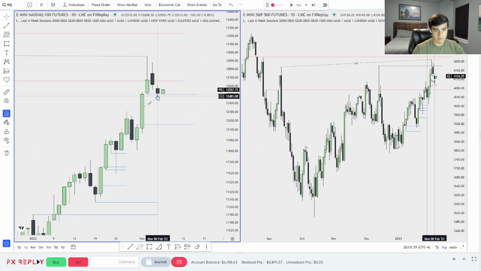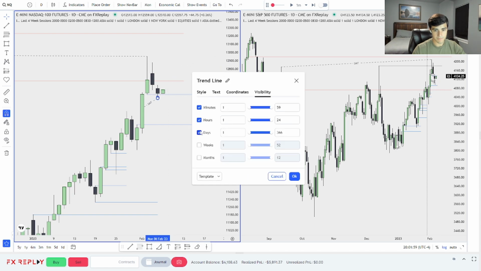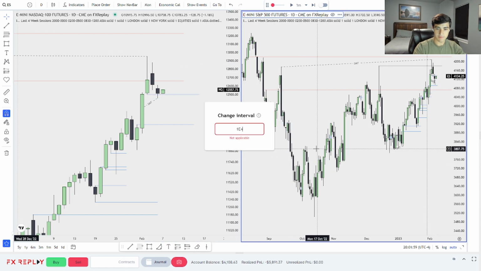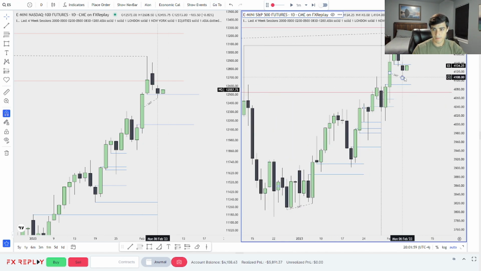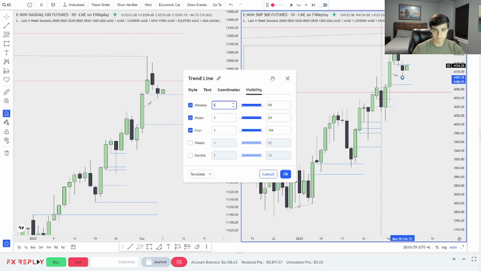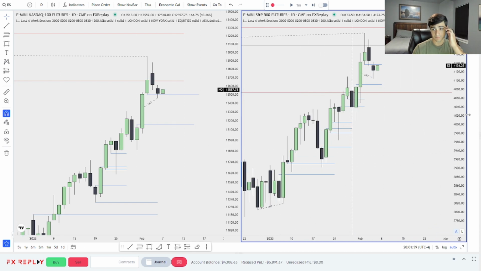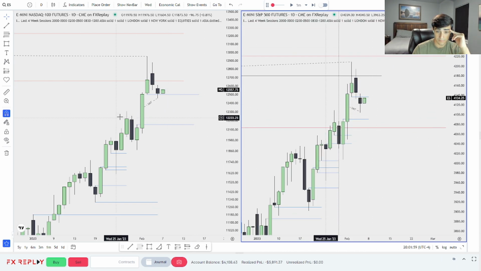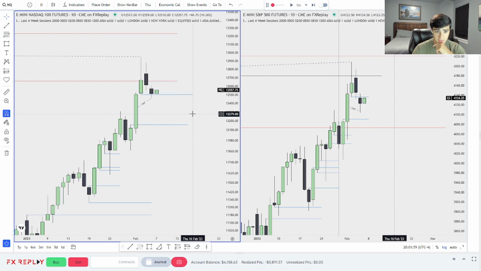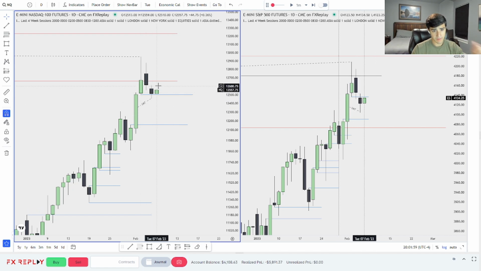We can see that the imbalance is being respected on NQ. We don't even get a close inside of this, but ES gaps down into it, trades lower into it, and this is where we have that SMT form. Accumulation of the weekly candle below the weekly open as well.